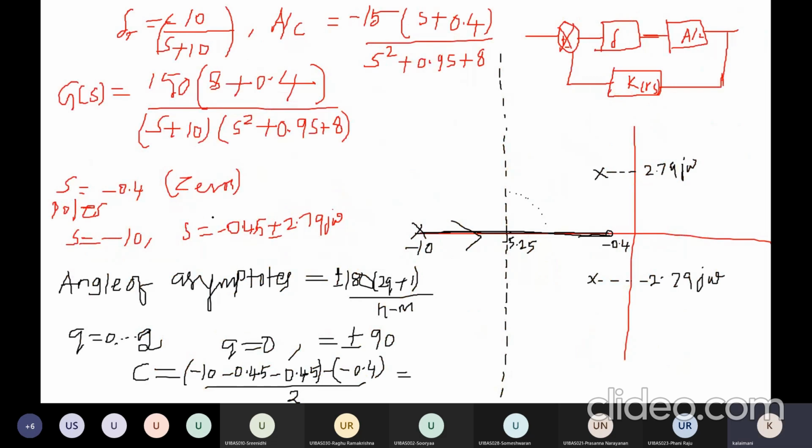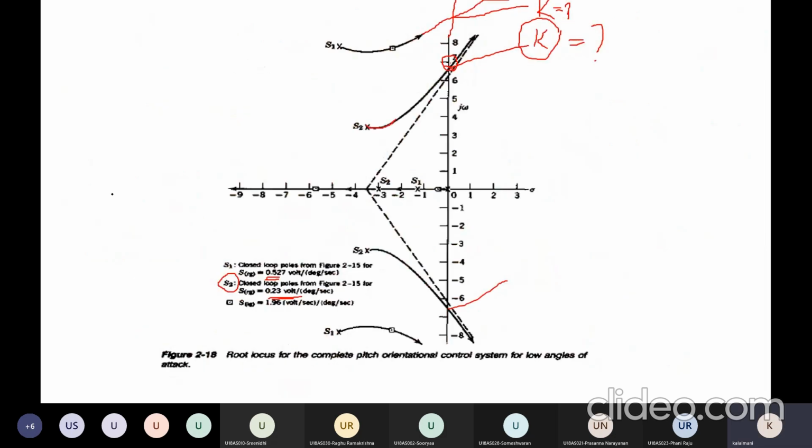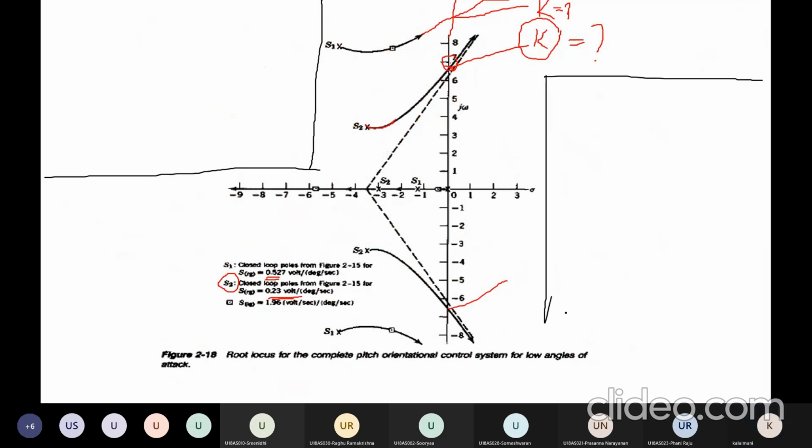Now can you find out your angle of departure? So here I wrote angle of departure. One pole is located here, then one pole is located here.